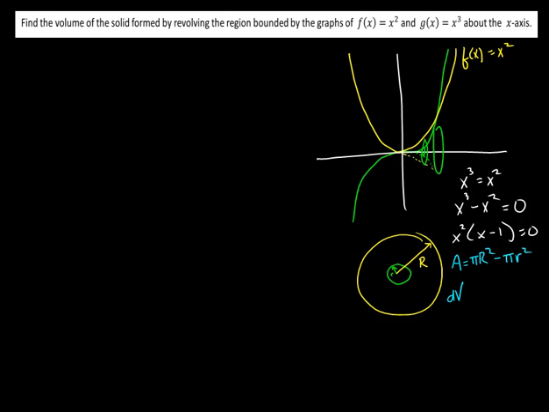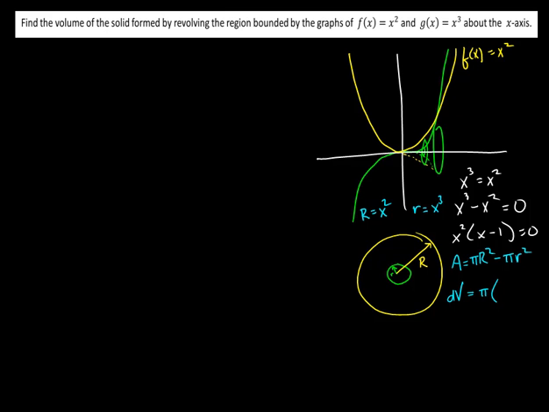So we can then measure the incremental volume of one of those thin slices of the solid, which is a washer, and that would be dV. It's an infinitesimal change in the volume. And that would be pi times the quantity capital R squared, which is the radius of the outer circle, and that is x squared, since x squared lies on top there.